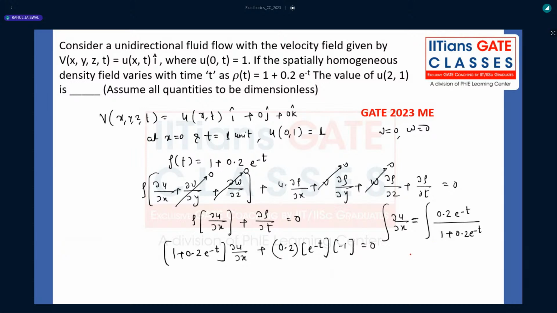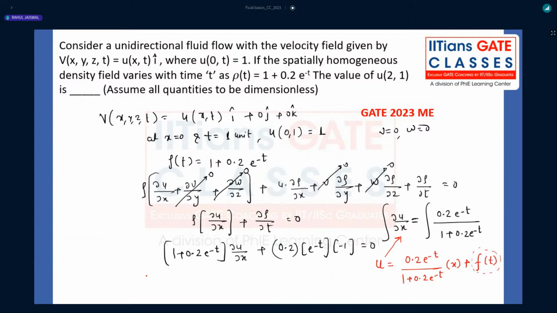It will be some function. That means we write u equals 0.2 e to the power minus t over 1 plus 0.2 e to the power minus t, times x, plus some function of t, because when you differentiate once again with respect to x, this term will be gone. But don't write it as a constant, that is a blunder, right? You just write it as a function of t.